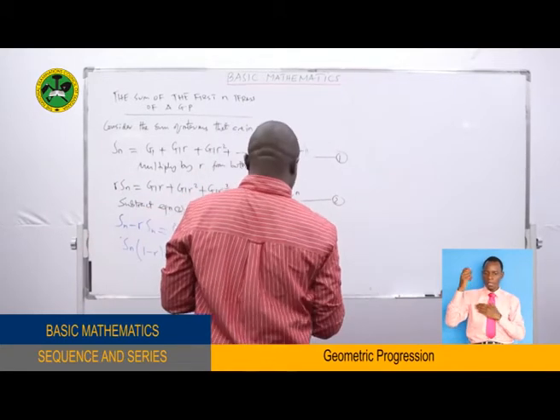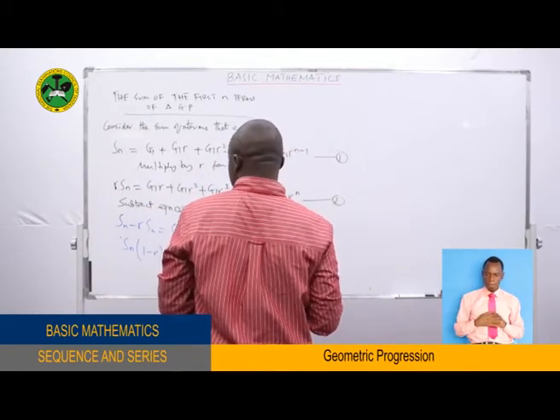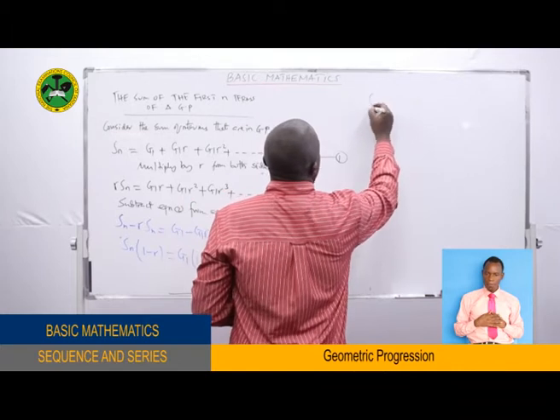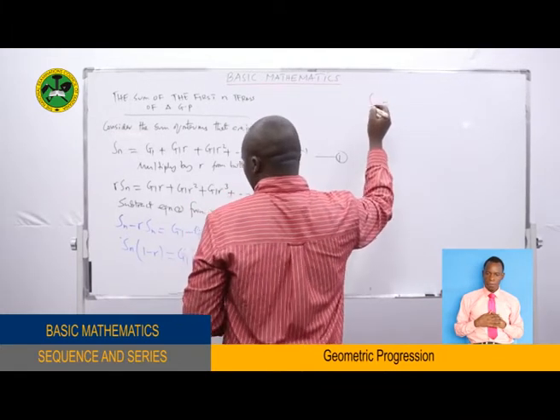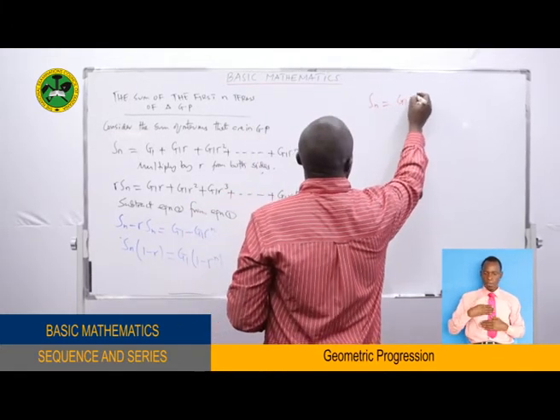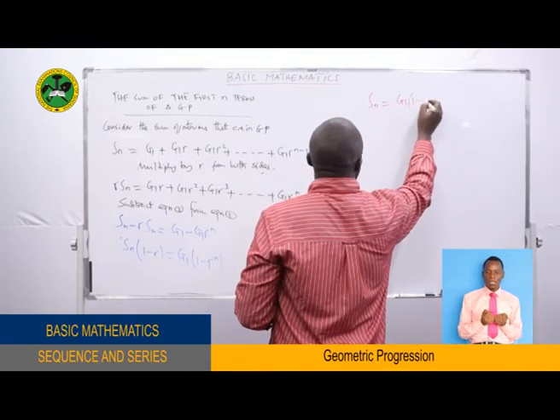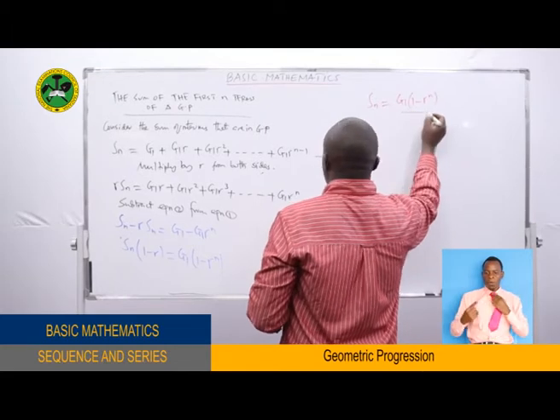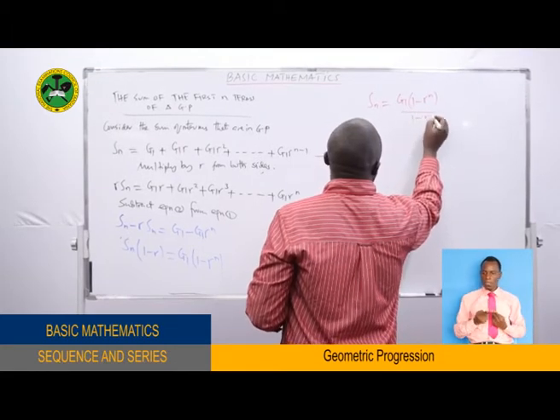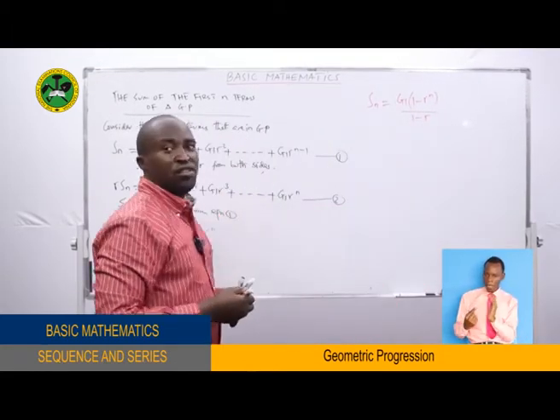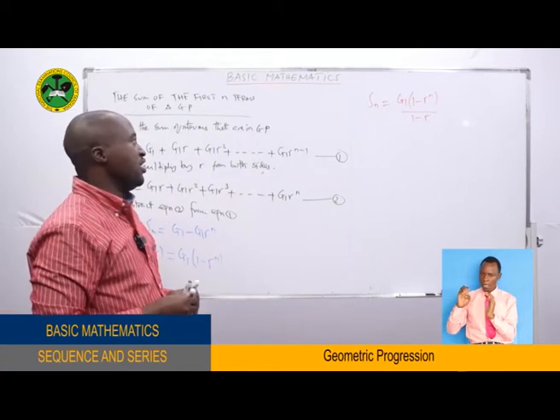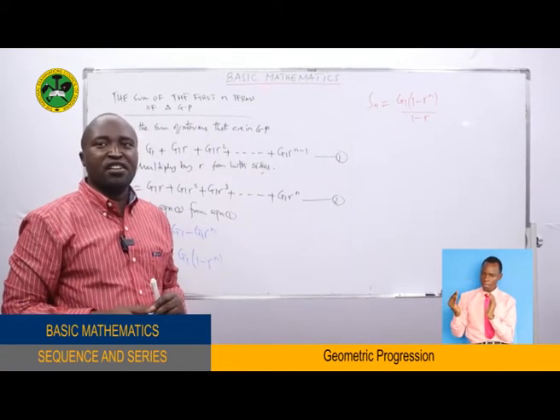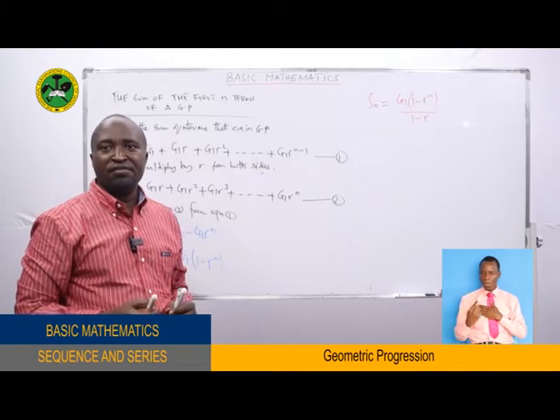So S_n is equal to G1 bracket of 1 minus R power n over 1 minus R. So we have the first formula for finding the sum of the geometric progression.